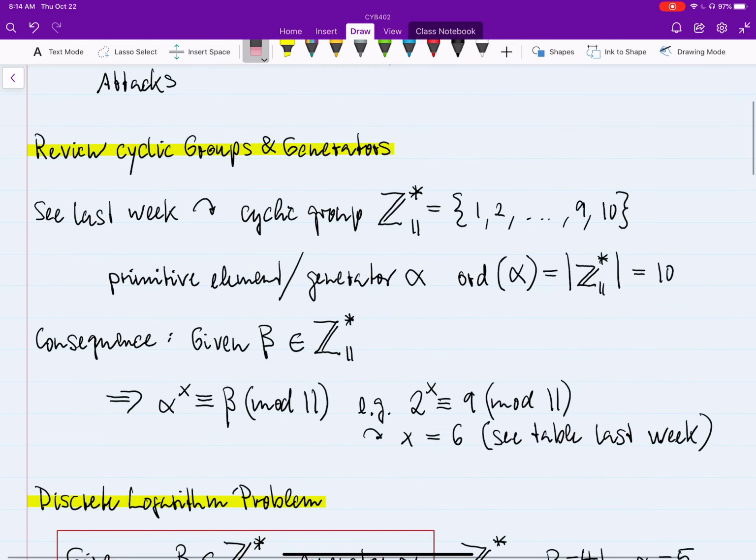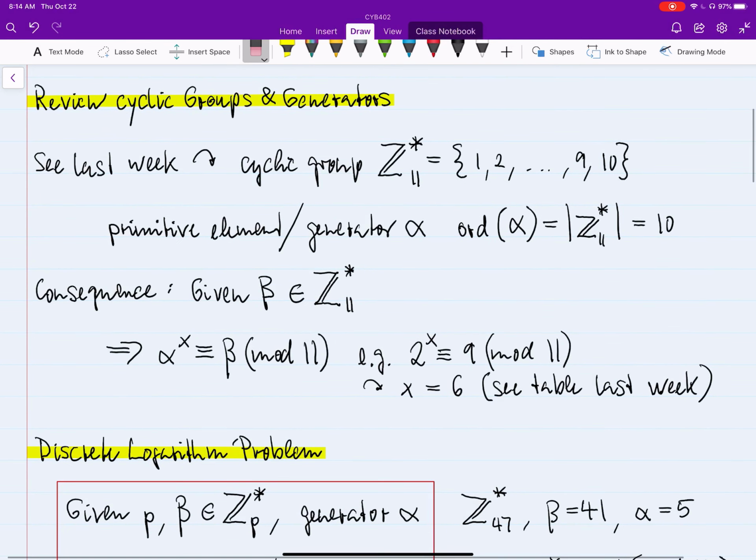So let's review real quick what cyclic groups and generators are. See the last week. So we had, for example, a cyclic group Z11 star, and it had 11 minus 1. So P is 11, and we had 11 minus 1 elements in that group, namely elements 1 all the way up to 10.